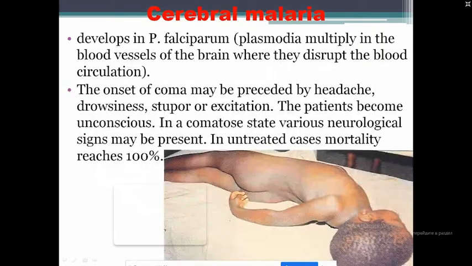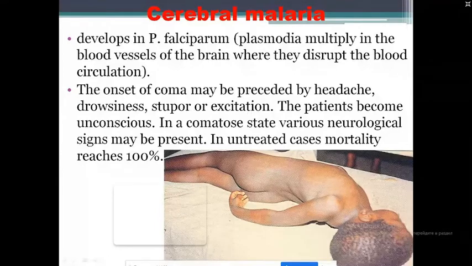Cerebral malaria. I described some complications, dear students. It develops in Plasmodium falciparum infection. Plasmodia multiply in the blood vessels of the brain, where they disrupt the blood circulation. The onset of coma may be preceded by headache, drowsiness, stupor, or excitation.